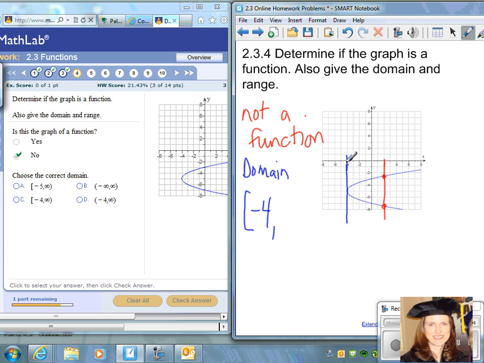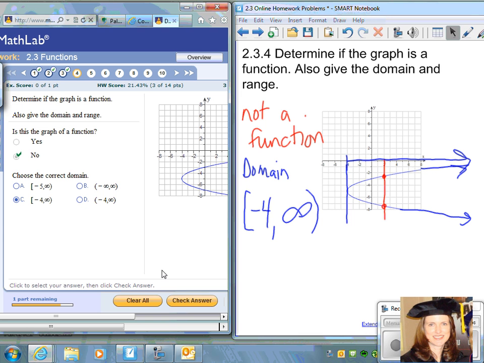Then along the x-axis the graph continues forever to the right, starting here at -4. So this is a domain of -4 to infinity, including -4 because it actually touches -4.